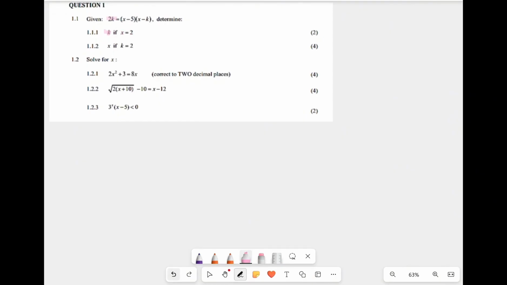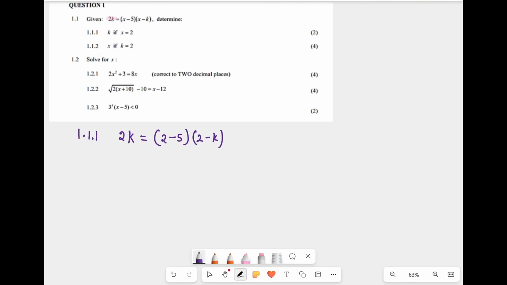Okay, here is our 1.1.1. So where there is x, we put 2. We are going to have 2k is equal to, and then now where there is x, we just put 2. 2 minus 5 into 2 minus k. And then from here, we can solve for k.